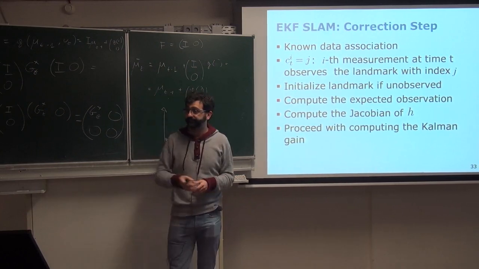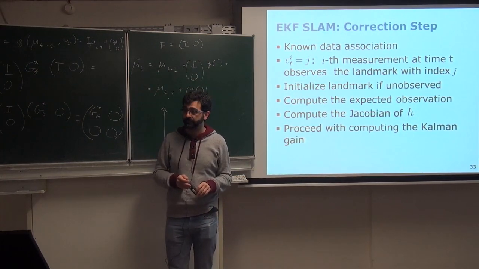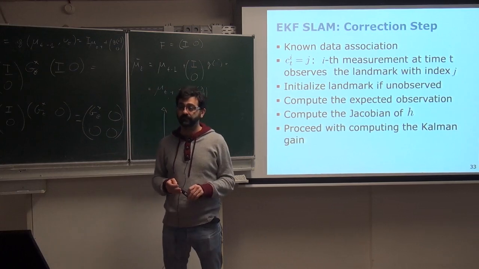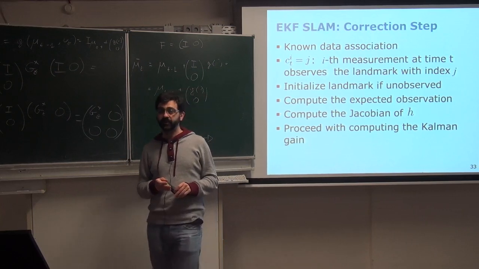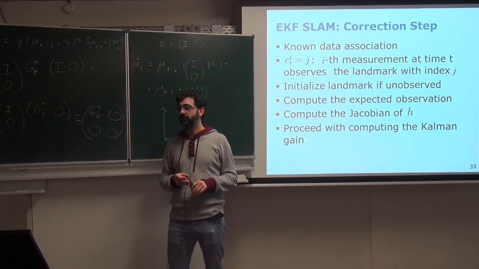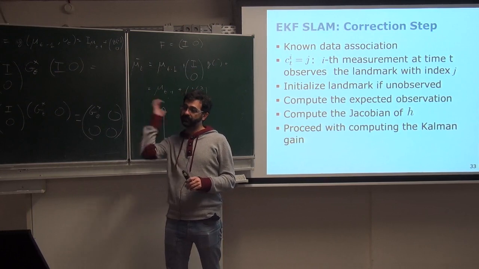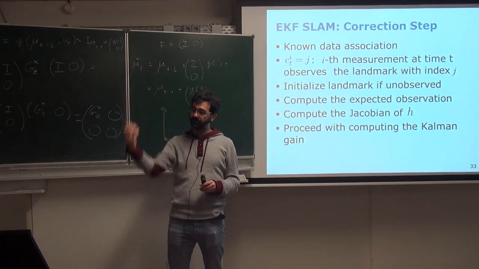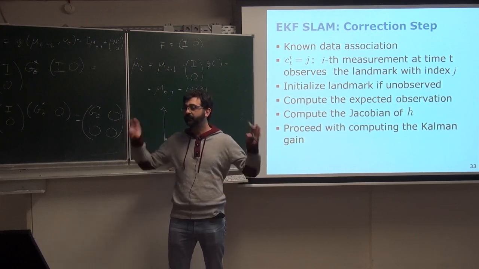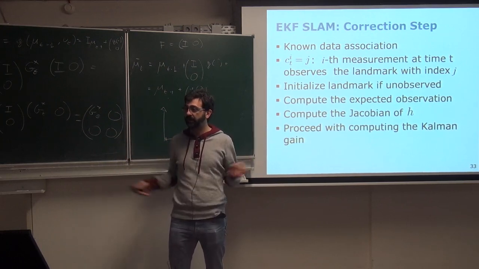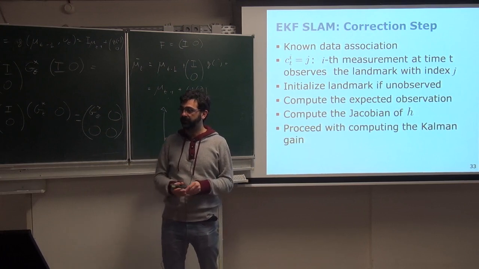Here, in the first step, I initialize the landmark as unobserved, which means in the matrix the location of the unobserved landmark is 0. I have not observed this landmark so far, so in the matrix we still have the 0 mean and the infinity covariance. Unobserved state means I don't know anything about that: 0 mean, infinite covariance.